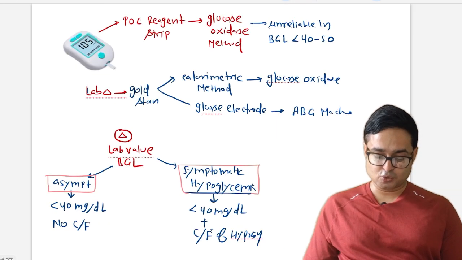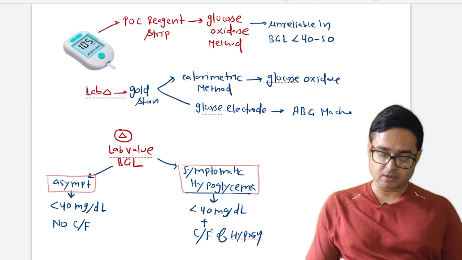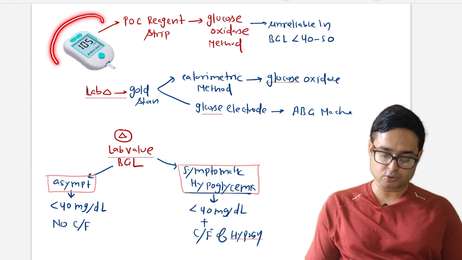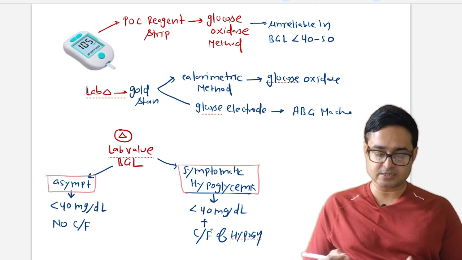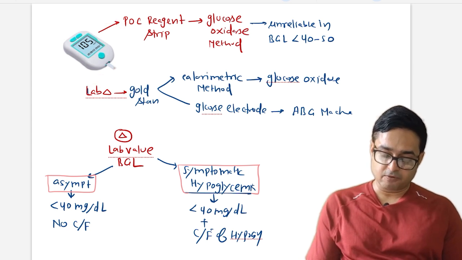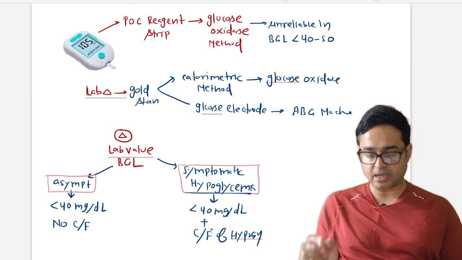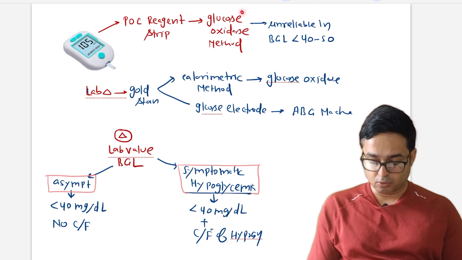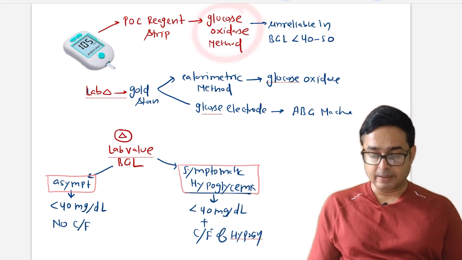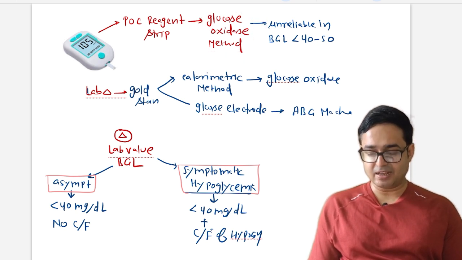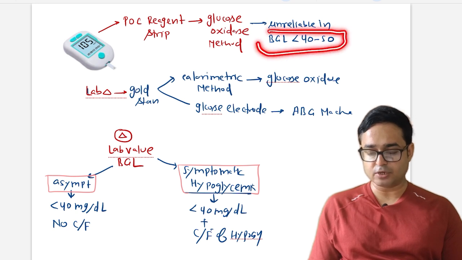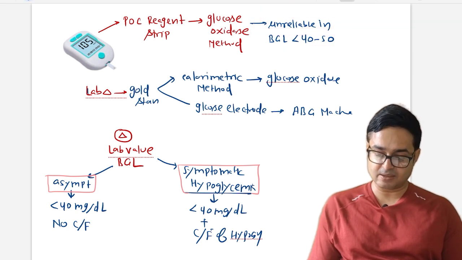Generally, what we use for determination of glucose in neonates is the glucometer. What is the mechanism behind this? It is a point of care reagent strip. This can be asked. It works on the glucose oxidase method, but it is unreliable at blood glucose levels of less than 40 to 50. So this is important.